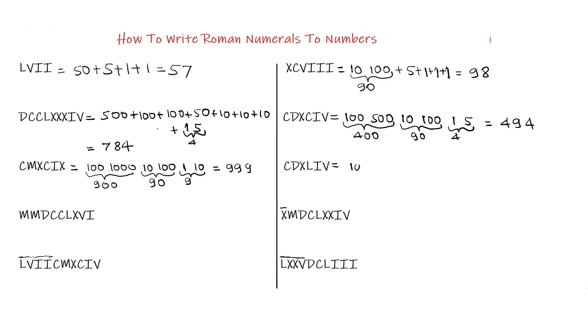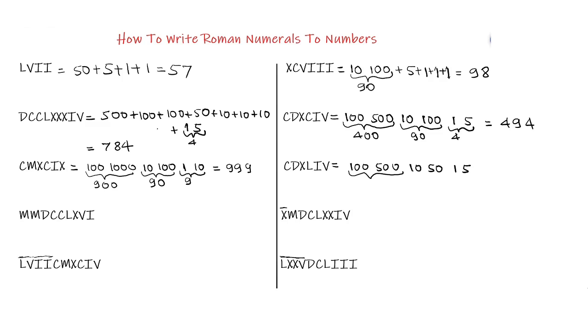The next Roman numeral is CDXLIV. C is 100, D is 500, X is 10, L is 50, I is 1, V is 5. Here again we find that C is prior to D, that is a lower value symbol is prior to a higher value symbol. So the value of the lower value symbol is to be subtracted from the higher value symbol.